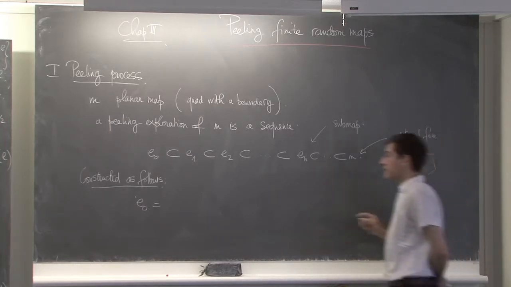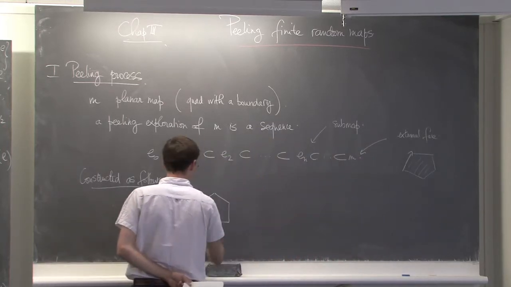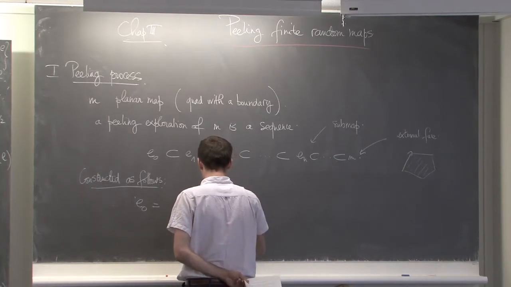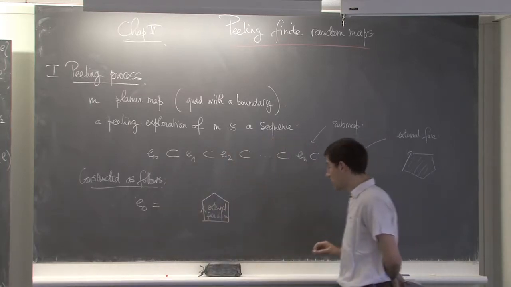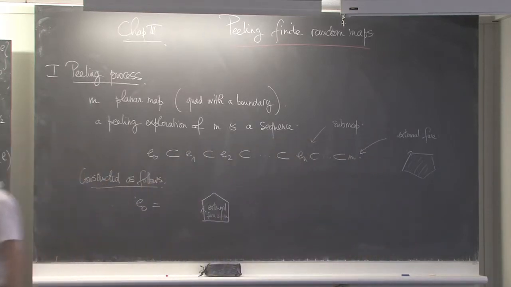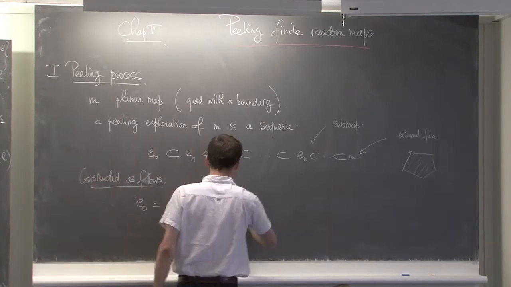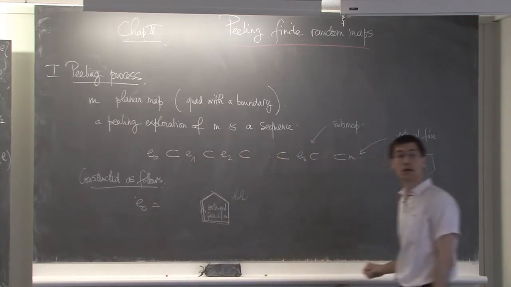So we'll say that E0 is just the external face of M together with one hole of the same perimeter. Okay?